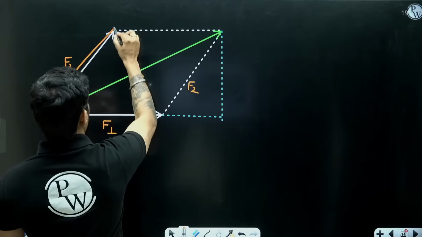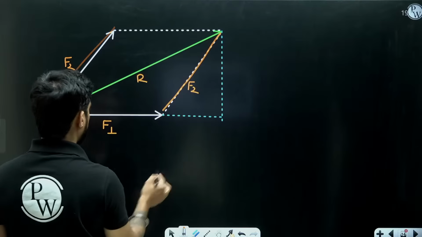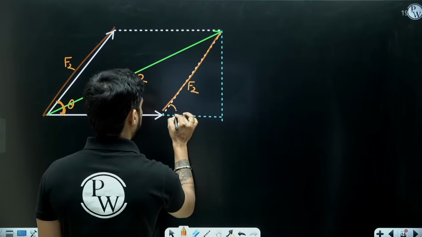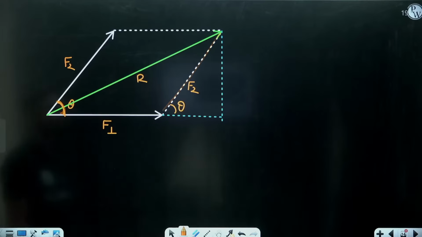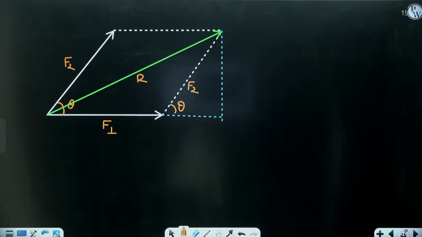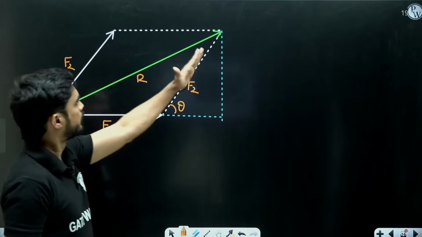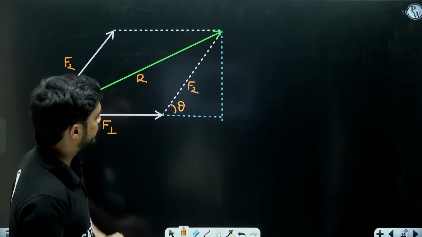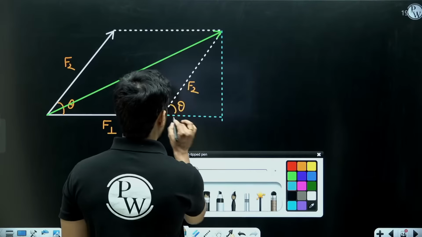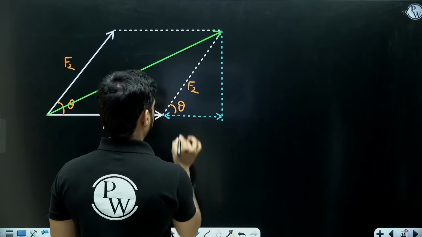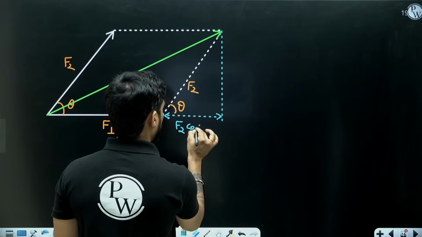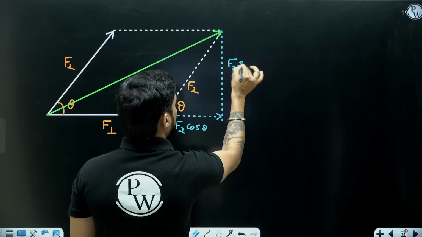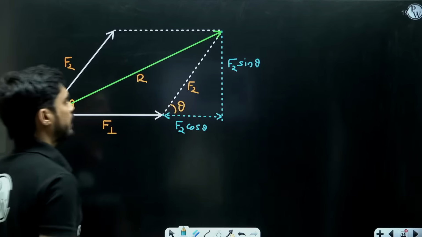And if this is theta, then this is also theta. Yes, these two sides are parallel, na? So if this is F2, this is F2. If this angle is theta, this angle is also theta. Now what will be this? This will be F2 cos theta. And what will be this? This will be F2 sin theta.